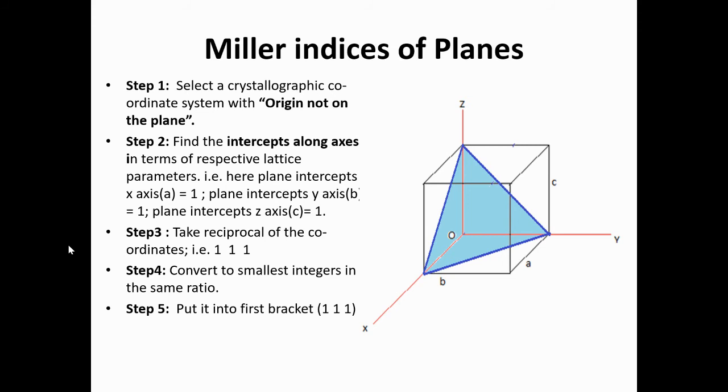But in the case of planes, we will choose an origin which will not be in the same plane but in a parallel plane. If the plane is in the front face, we choose the origin in the back corner which is parallel to the plane. The origin is O here.